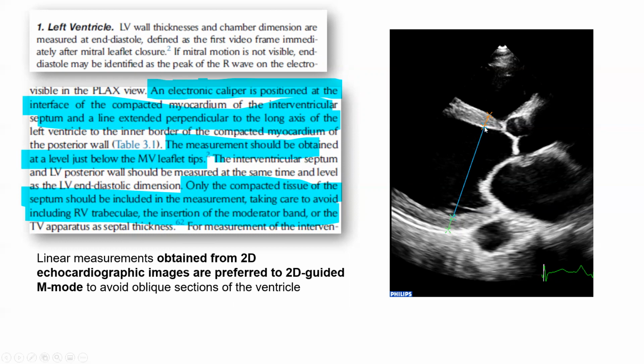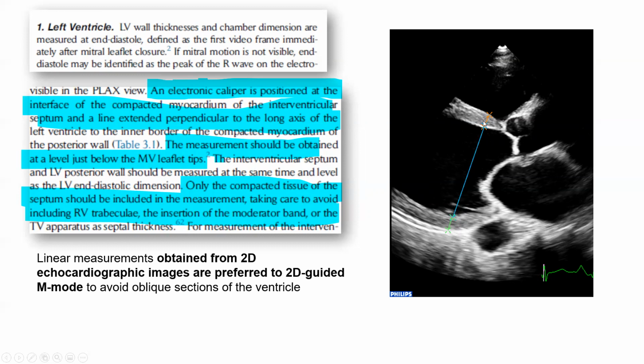We position an electronic caliper at the interface of the compacted myocardium of the interventricular septum, and we measure along a line that is perpendicular to the long axis of the left ventricle, trying as best we can when possible to be below the mitral leaflet tips.